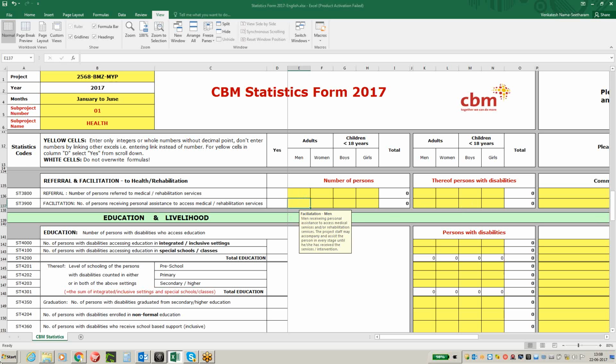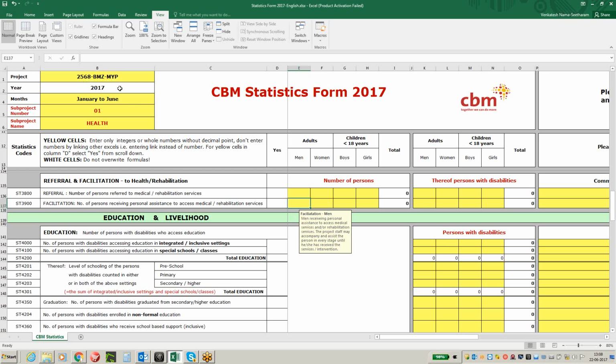Yeah. Say, for example, there was a question about a project which is doing a hospital as well as having a subunit for doing the CBR activity. The same project number 2568 BMZ MYP is a very big project, and it is having a hospital as well as a CBR unit.